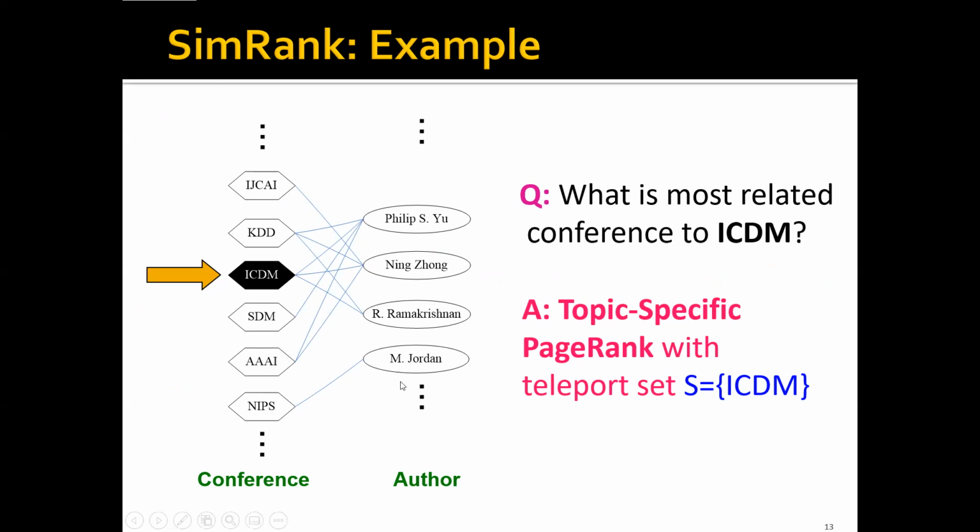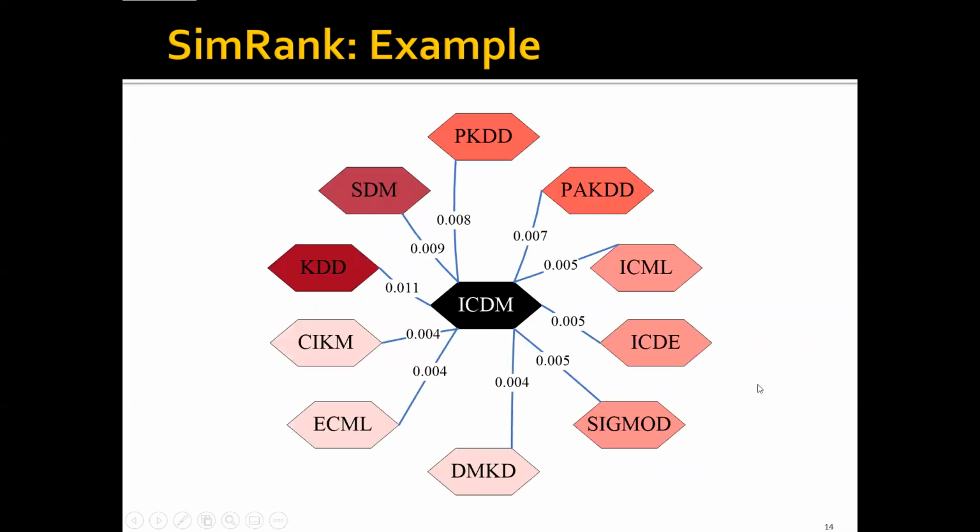Based on this graph, we ask the question, what is the most related conference to ICDM? ICDM is the International Conference on Data Mining. Our answer is that we need to run a topic-specific PageRank with a teleport set that includes only one node, which is ICDM.